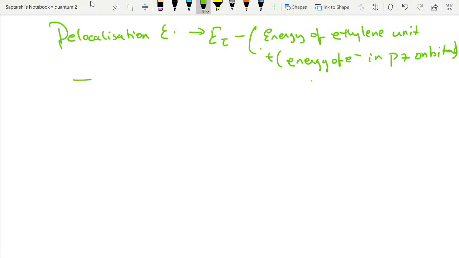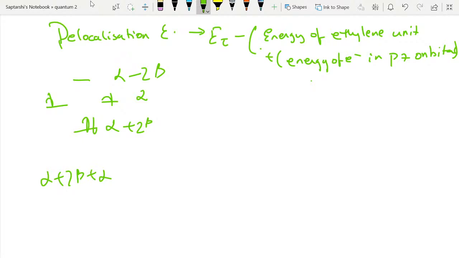So the total energy, let us take cyclobutadiene, and draw the energy levels. The total energy will be alpha plus alpha plus alpha plus 2 beta, so 3 alpha plus 2 beta. This is the total energy.